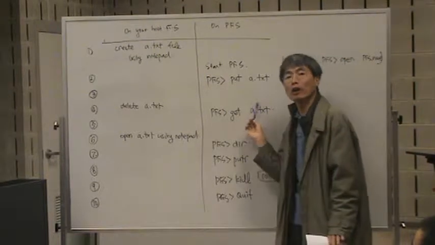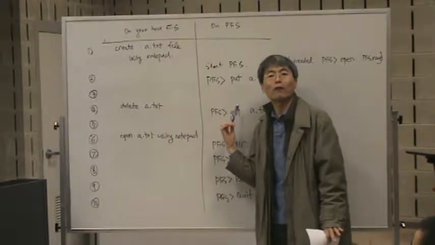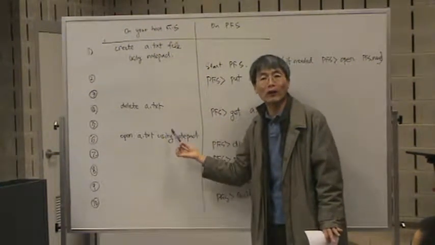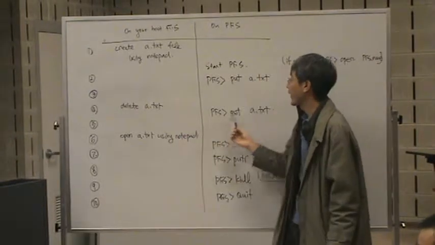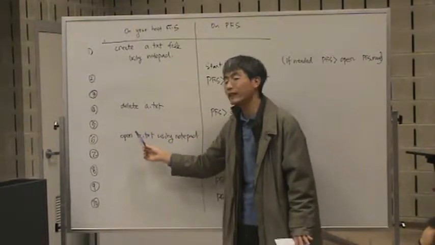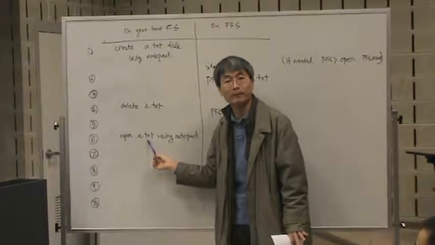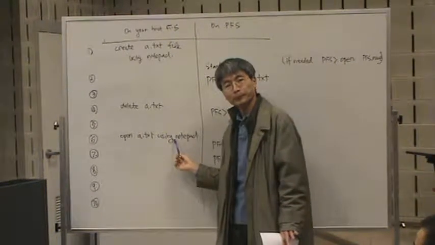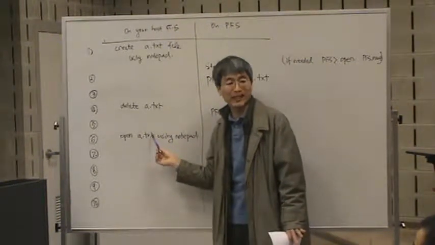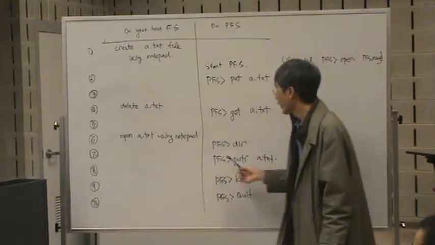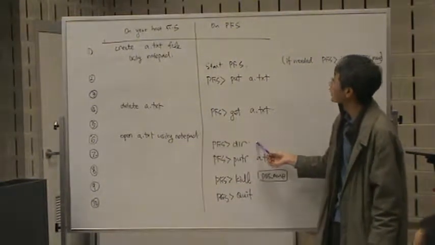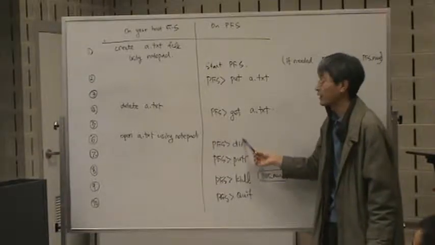I'd like to see whether saving and downloading the file is okay or not. Then you can get the file, and you will have the a.txt file on your file system. Open it to check whether you still have the same data. Then move to your PFS and run dir.